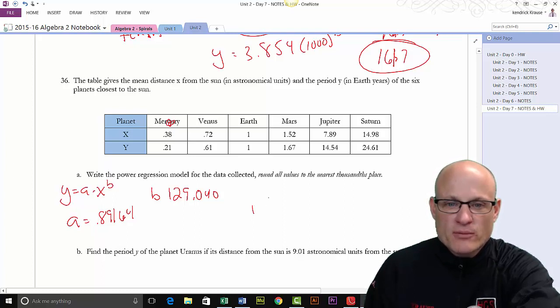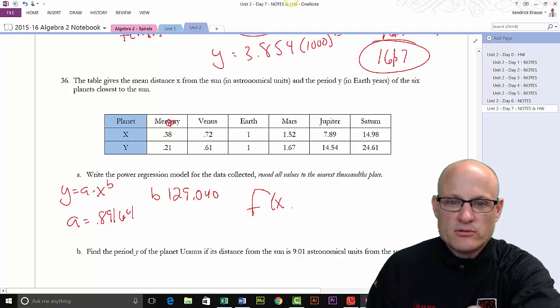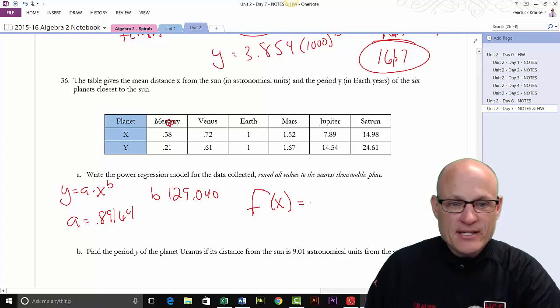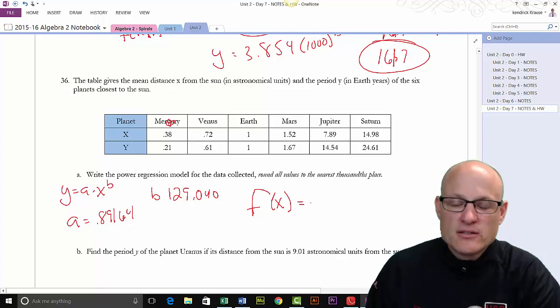I just think it looks more grown up. So f of x is equal to A, which is 0.892, since we're going to the thousandths place, right?